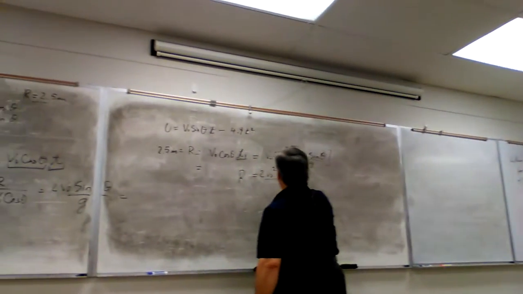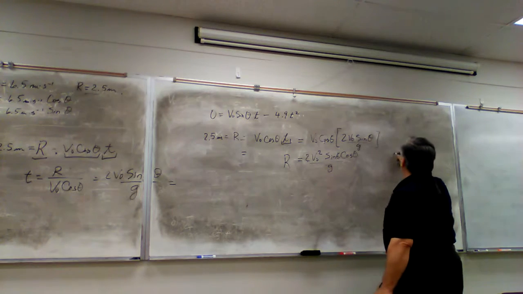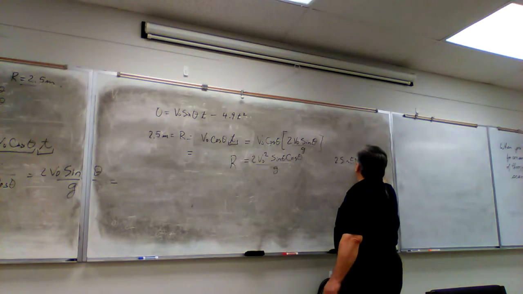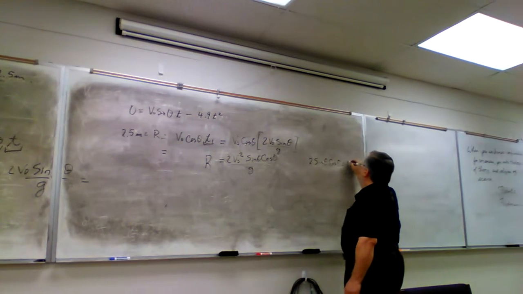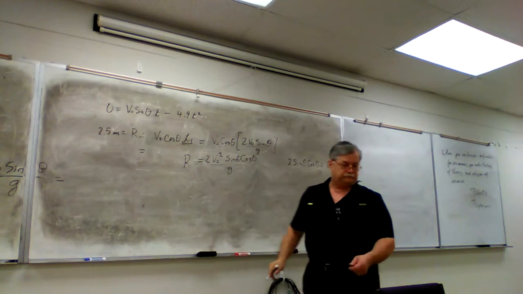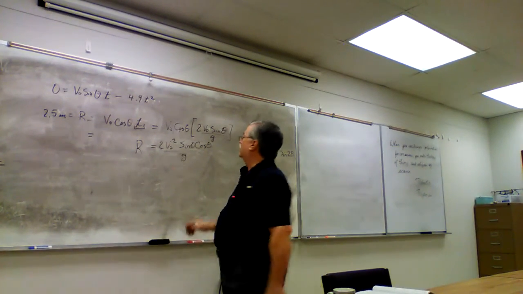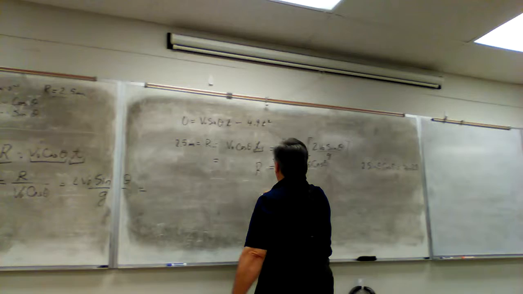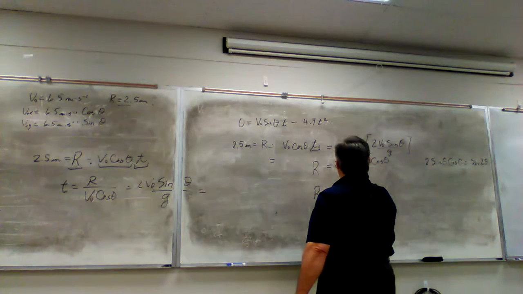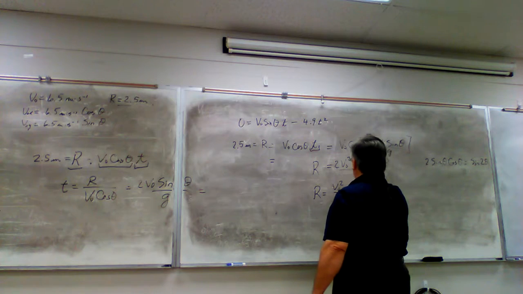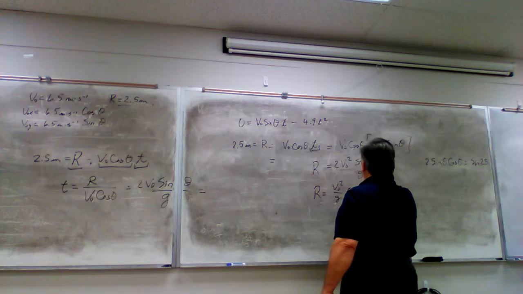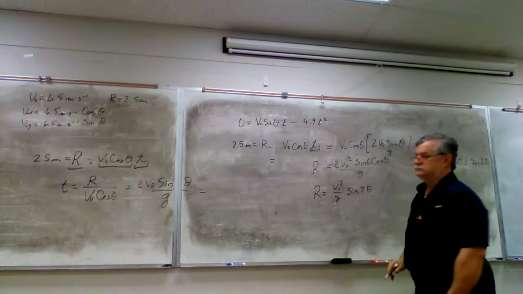So this 2 times sine theta cosine theta is equal to sine of 2 theta. So we can now rewrite this range equation as v sub naught squared over g times sine of 2 theta.